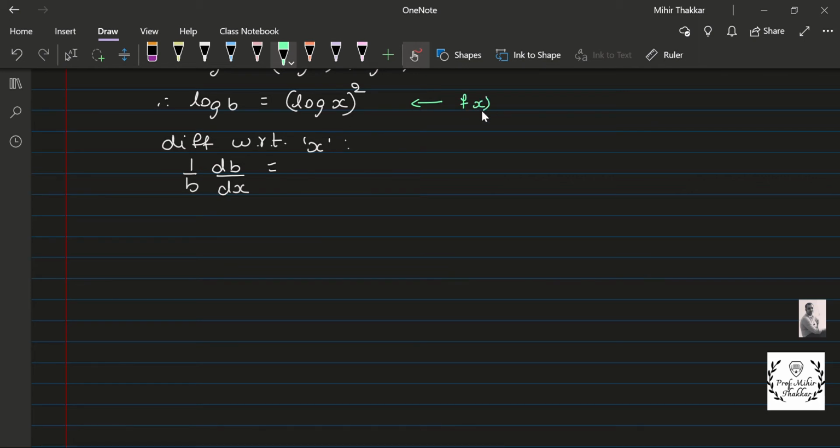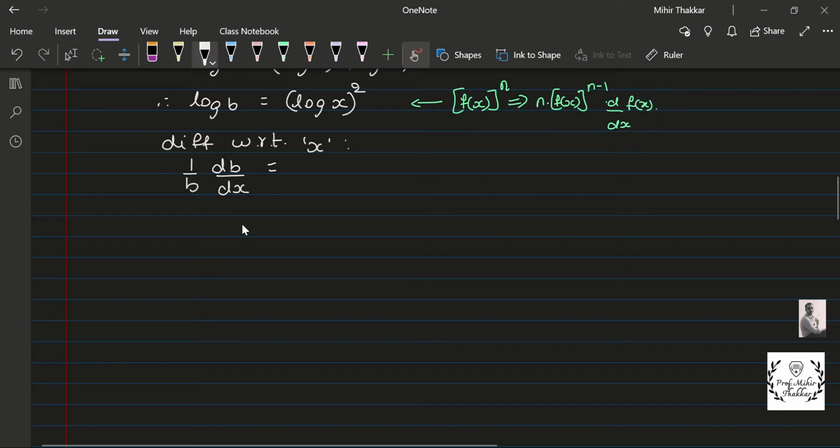So I will have to consider this in the form of f(x) raised to n. And the derivative of f(x) raised to n, as you already know, is n into f(x) to the power n minus 1 multiplied again by the derivative of f(x).